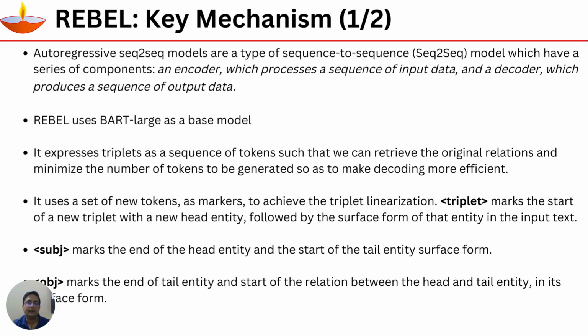We'll see the implementation of this in the next slide. The <obj> marks the end of the tail entity and the start of the relation between the head and tail entity in its surface form. Fine.